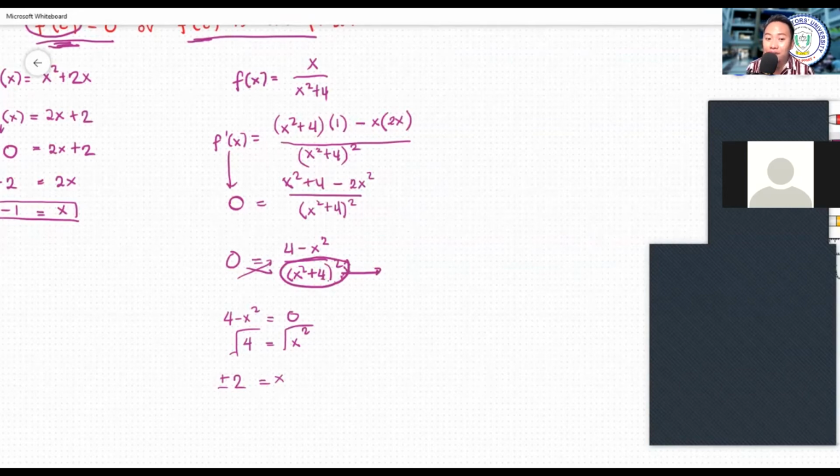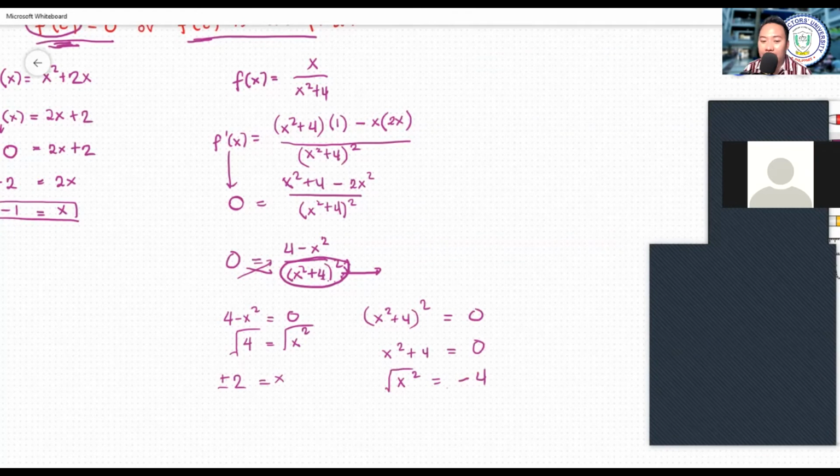So aside from this cross multiplication, additional work needs to be done: equating 0 to the denominator. So getting the square root of both sides, we would get x squared plus 4 equals 0 still. Okay? And then this becomes x squared equals negative 4. Right?